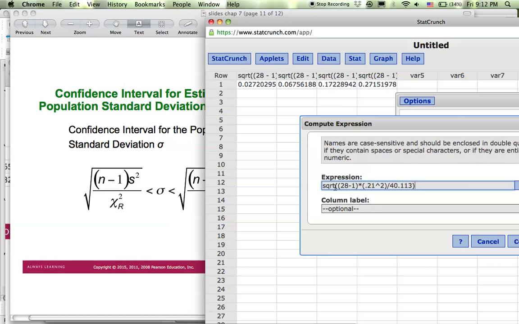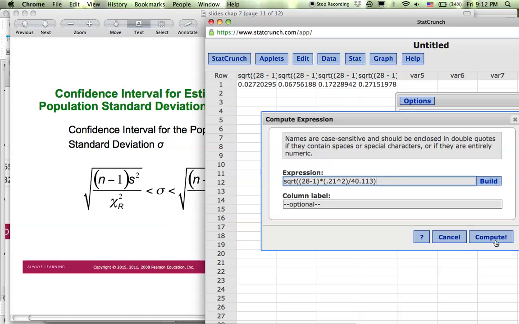Okay, square root of 28 minus 1 times 0.21, which is the sample standard deviation, squared, over 40.113, which is chi-square right. Be careful that this 40.113 is already the chi-square right, so be careful not to square that, okay? So this would be the expression for the left boundary.